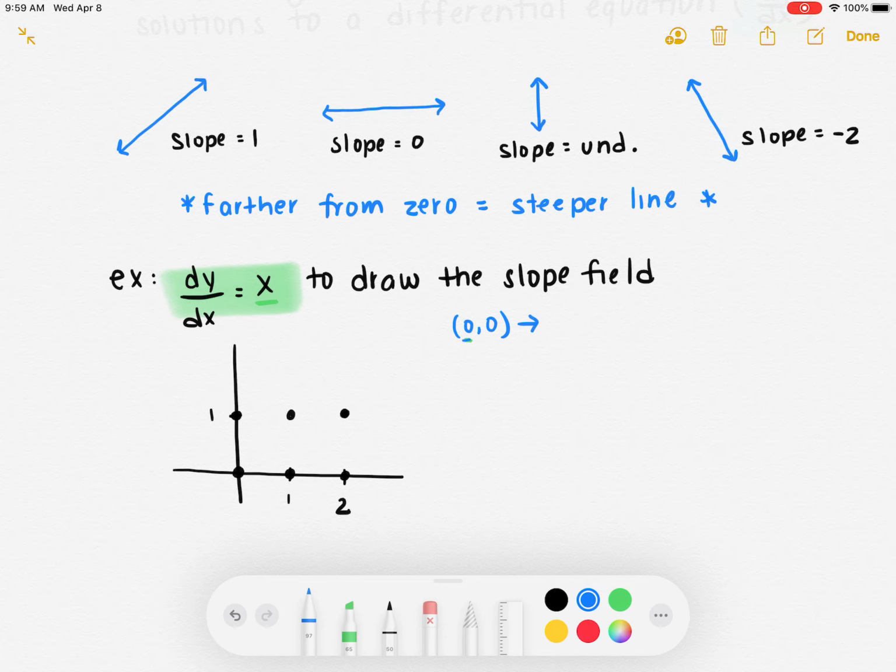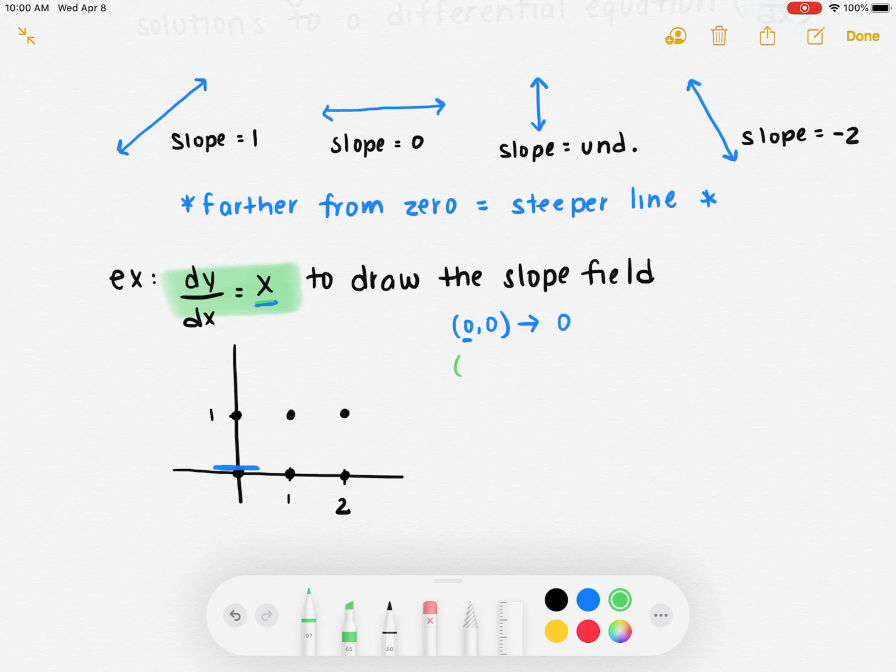So when I plug in my x value of 0 into my equation, just x, my x gets replaced with a 0, and now I have a slope of 0. So I go over to my point 0, 0, and I draw a line with a slope of 0. A little tiny one, because I don't want to cross over into where the other points are going to be. I just want a little line that tells me the slope at that point is 0.